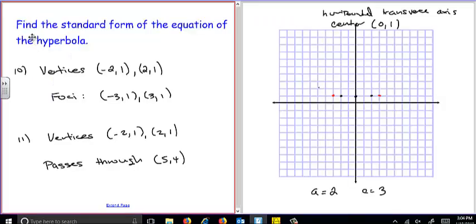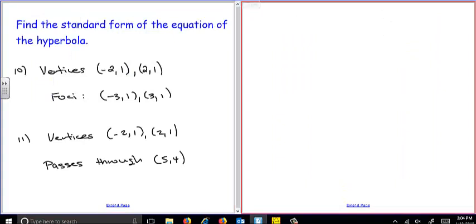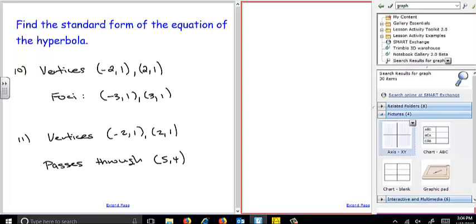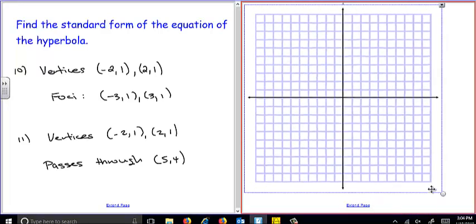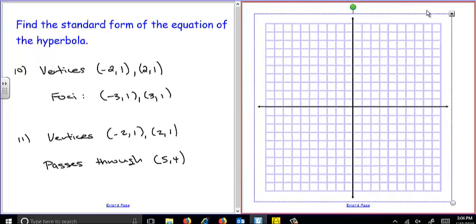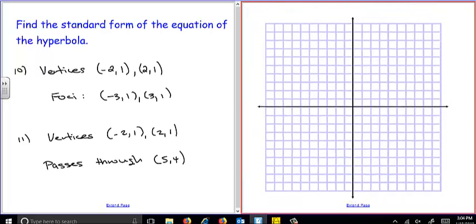And then finally, the last one. So again, let's plot this thing. Again, this is more difficult than what I ended up putting on a test, but I just want you to work with me on this one. So the vertices actually are the same as the last problem. That means the center is the same.